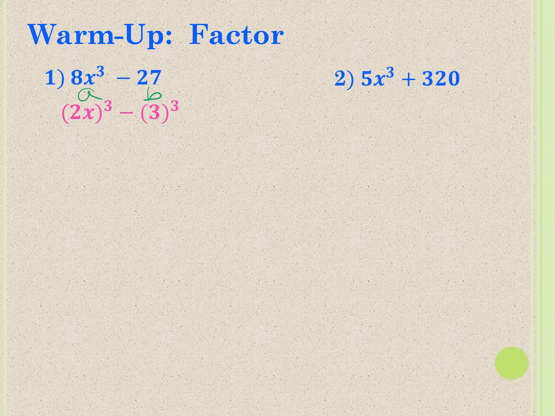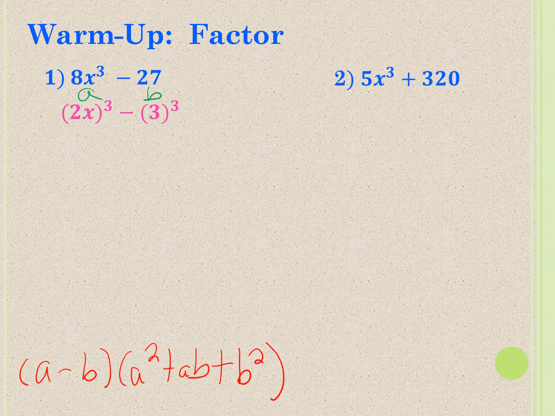Now, if you remember the formula from 5B1, the formula for subtraction was A minus B times A squared plus AB plus B squared. Okay, so following this formula with A and B, we just get 2x minus 3.